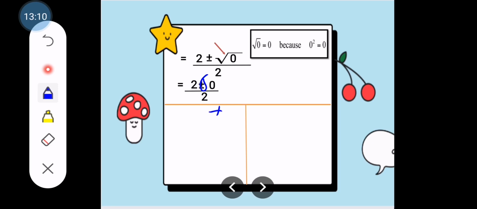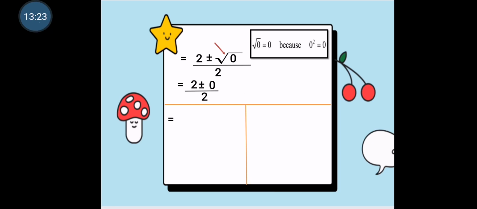Dito yung plus natin, dito yung minus. Find out natin ano ba yung magiging root. So, 2 plus 0 over 2. Focus muna tayo sa plus. 2 plus 0 is 2 over 2. Simplify, 2 over 2. So, the first root is 1.